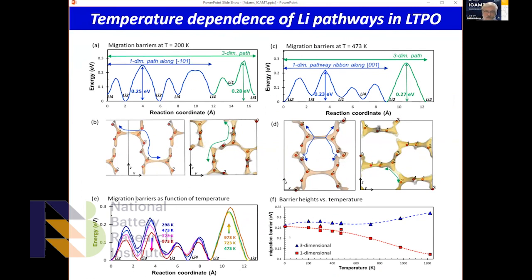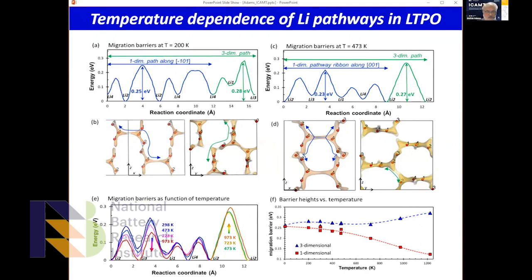Near room temperature, it's a 3-dimensional conductor. Ab initio molecular dynamics simulations claim it's a 1-dimensional conductor, but they have to be conducted at very high temperature. When you study this, you can see that with increasing temperature, the material goes from a 3-dimensional conductor near room temperature to a 1-dimensional conductor at very high temperature.